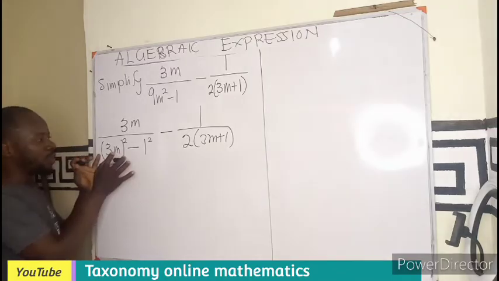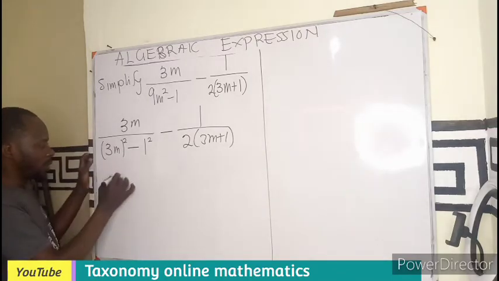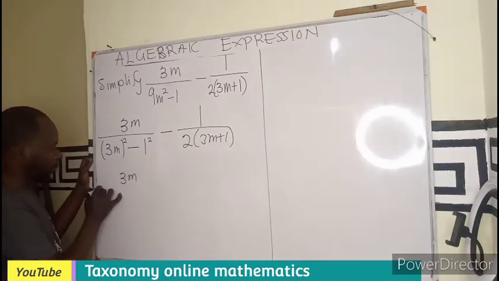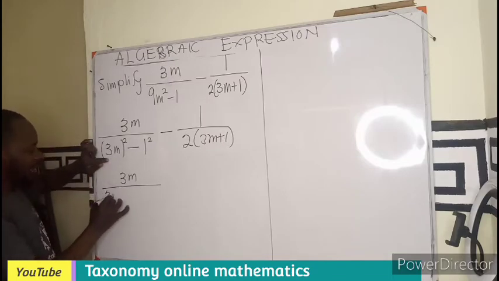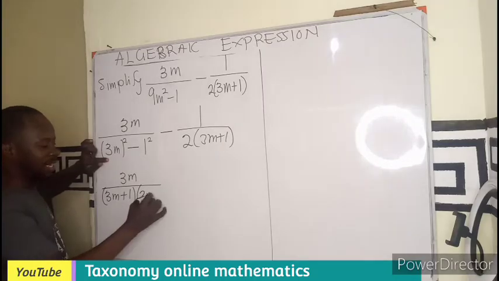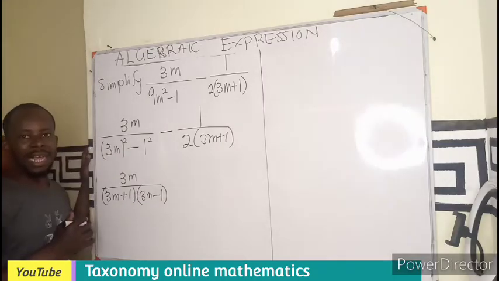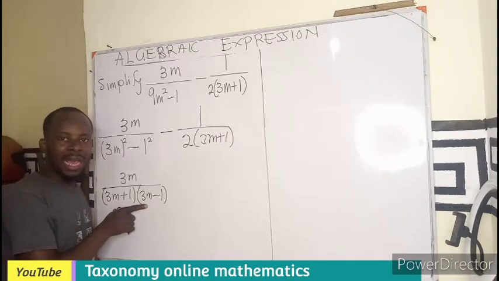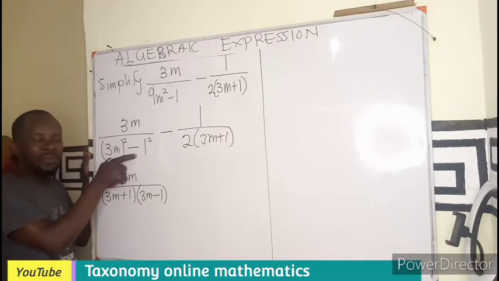So I'll replace this with that expansion to mean 3m, the first term plus the second term, multiplying the first term minus the second term. This is the expansion of a difference of 2 squares.